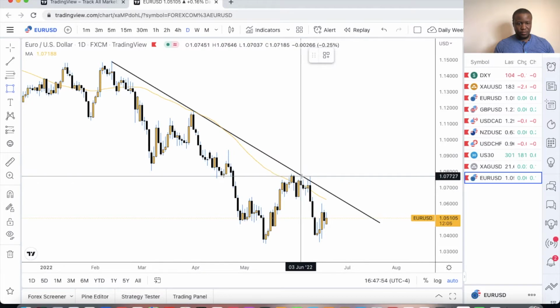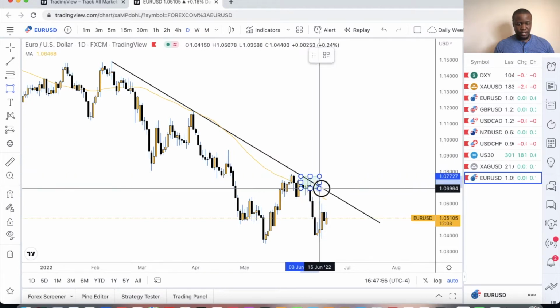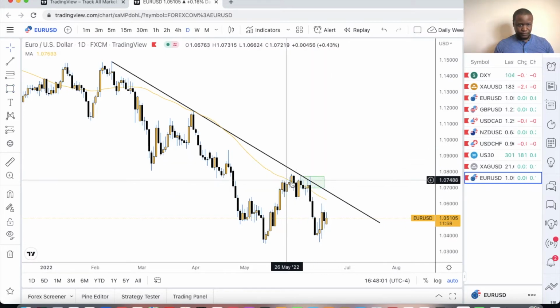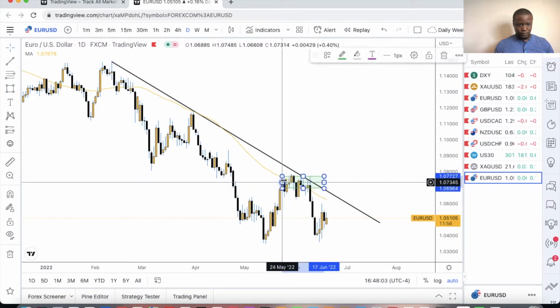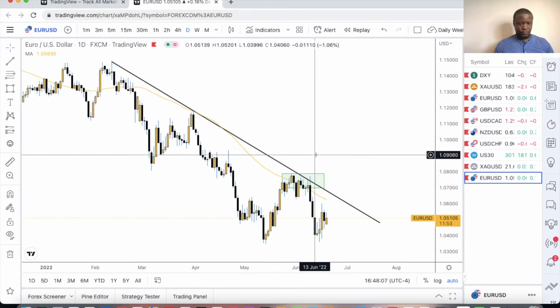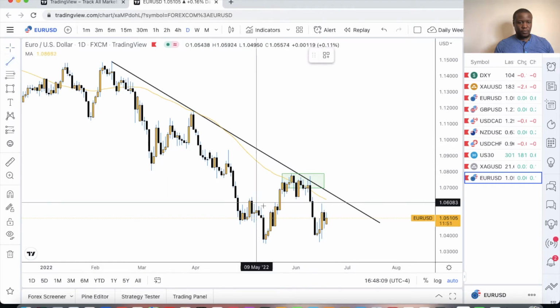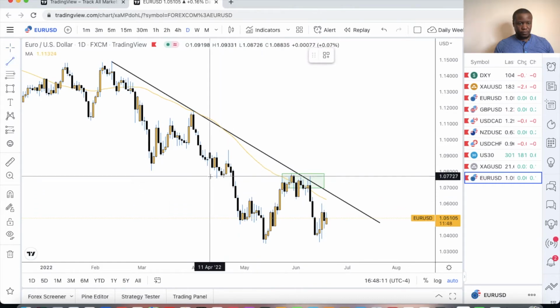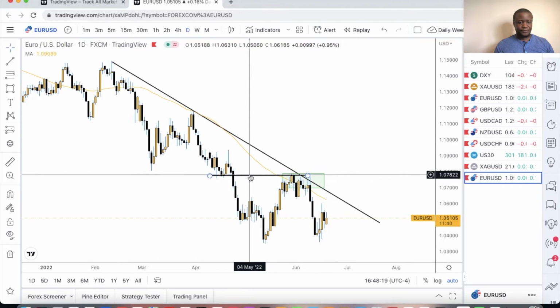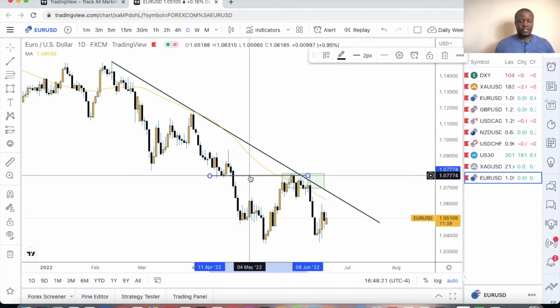So this right here will be a point of interest. As well, we have structure right here. So that gives us extra confluence on where we want to place our trade, right?